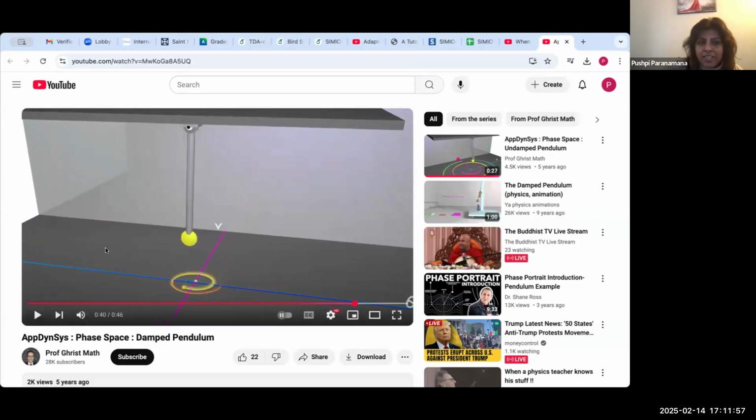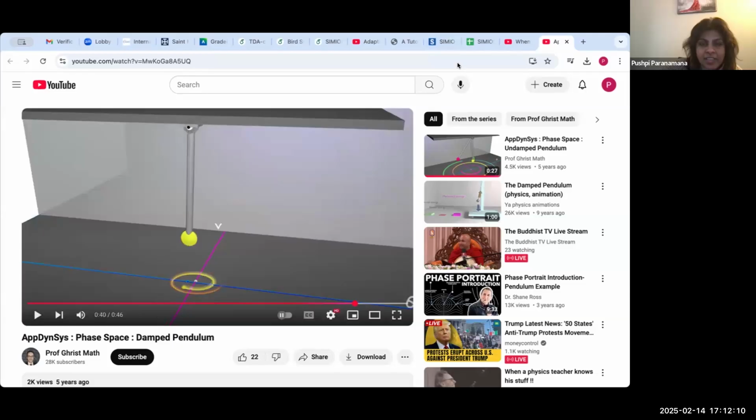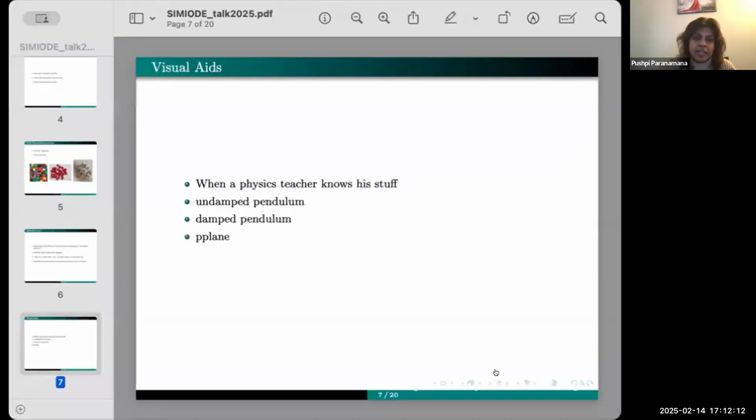I'm not going to play the other one, I'm going to move on. So these were some things I showed in class to motivate and keep the students engaged. P-plane, I think everybody knows. To show the phase planes, I used P-planes or sometimes Desmos as well.